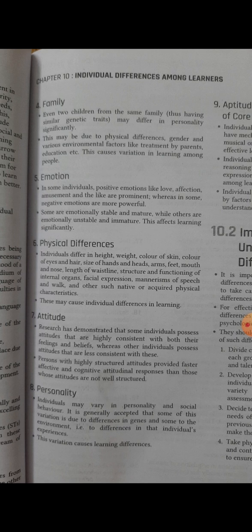In some individuals, positive emotions like love, affection, amusement and the like are prominent, whereas in some negative emotions are more powerful. Some are emotionally stable and mature, while others are emotionally unstable and immature. This affects learning significantly.